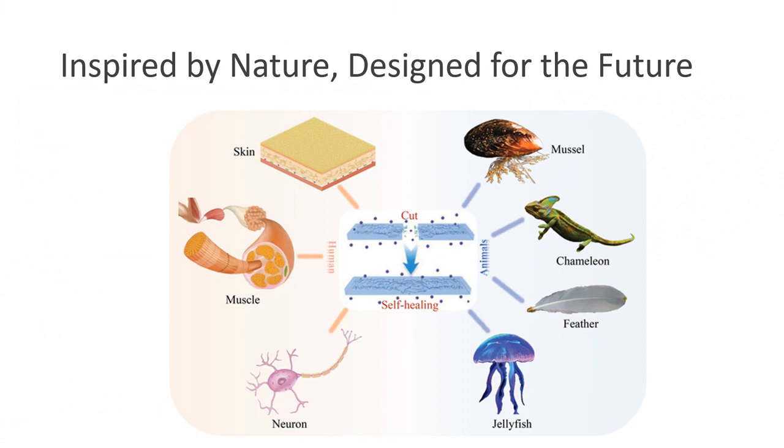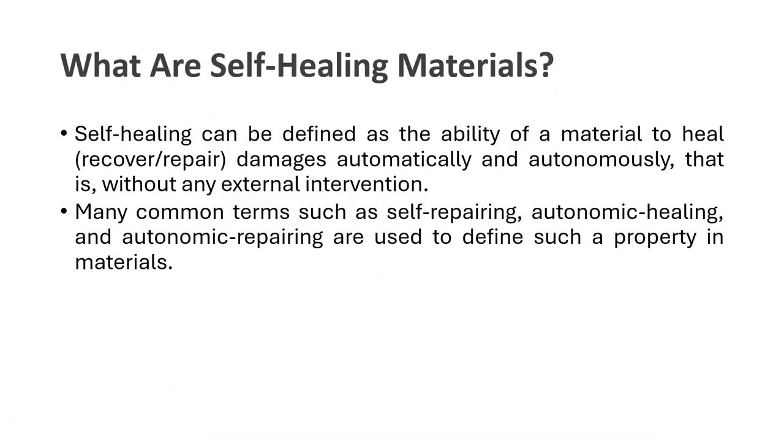So now we want this phenomenon to be in the material, but it is really challenging. So these are all the engineered self-healing materials. Self-healing can be defined as the ability of a material to heal itself when it is subjected to some kind of damage.